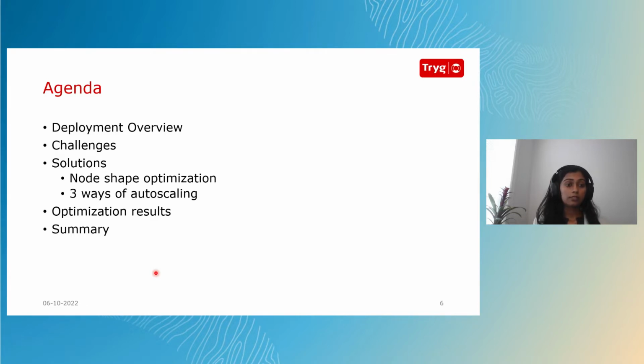We also venture into a few autoscaling techniques that we have incorporated in our cluster. Then we would be very glad to share our optimization stats, picked up from our real-time production environment during the time of presentation, and how much we are saving when it comes to resources. And then we'll go into the summary, a few key takeaways from this session.